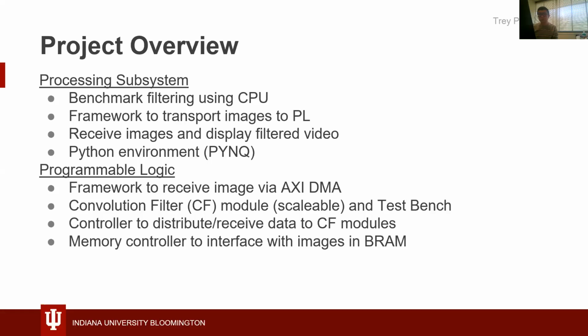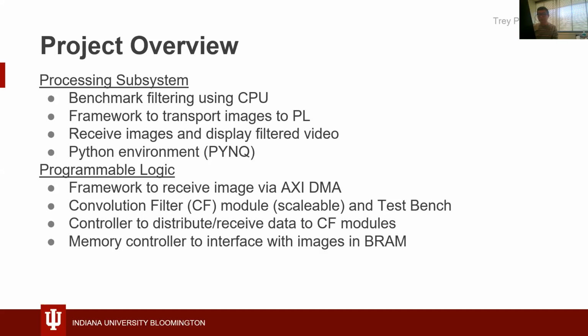So this leads into our project plans. We basically have 4 different milestones or goals for each subsystem. For the processing subsystem, we would want to have our controller benchmark filtering using the CPU. That's basically what we want to beat.